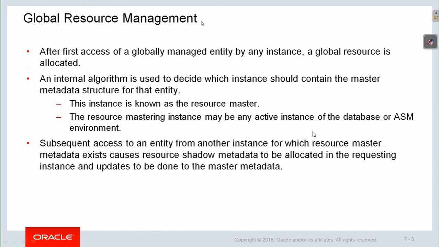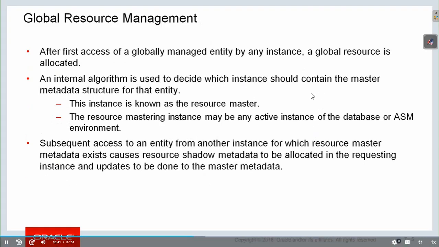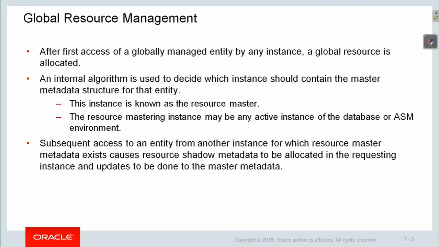We also have some more information here. Global resource management: after the first access of a globally managed entity by any instance, a global resource is allocated, and it is used in our internal algorithm. To manage a global resource, metadata is generated, and it can be master metadata in a specific instance or shadow metadata.